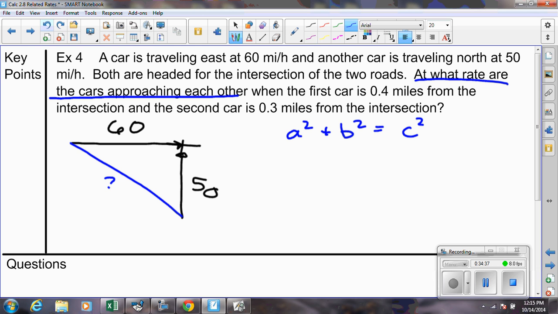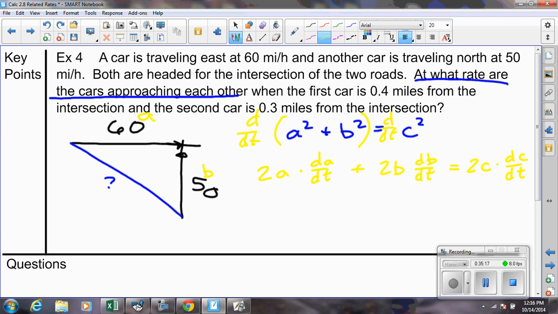And so when we take the derivative of both sides with respect to time, we would have 2a dA/dt, and I'm going to use this one for our a, plus 2b dB/dt. There's our B, and that's going to equal 2C dC/dt.